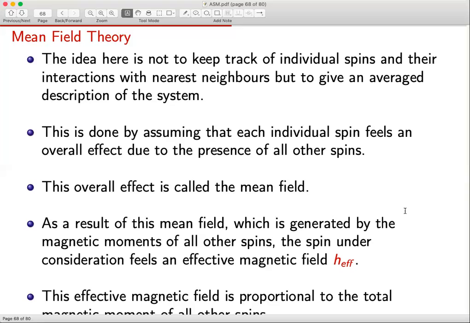And as I said, in spite of the interactions being nearest neighbor, next to nearest neighbors still affect the spin, because they affect the nearest neighbors and the nearest neighbors affect the spin we are looking at.